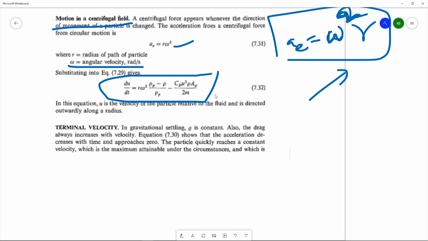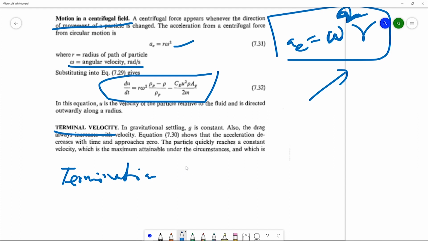Now we are mainly interested in terminal velocity, right? So if the particle is moving through the fluid under some external force, what will be the terminal velocity? Terminal velocity means the constant velocity of that particle in that fluid. Okay. So what is terminal velocity basically?